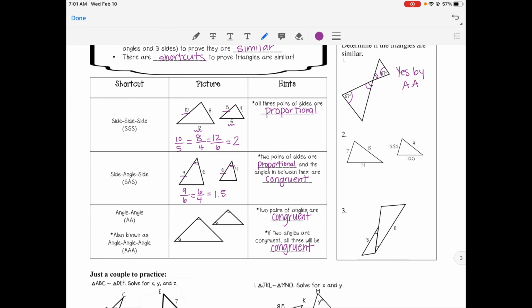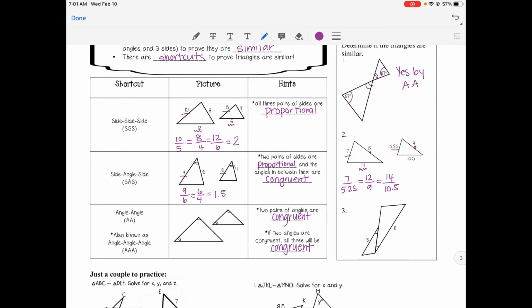As we take a look at the next one, we're going to want to check. It looks like they have the sides labeled, so we're going to check the proportions. It doesn't matter which one you start with, but if I start with 7, I've got to start with the left triangle on the top. So 7 over 5.25, and then 12 over 9, and then 14 over 10.5.